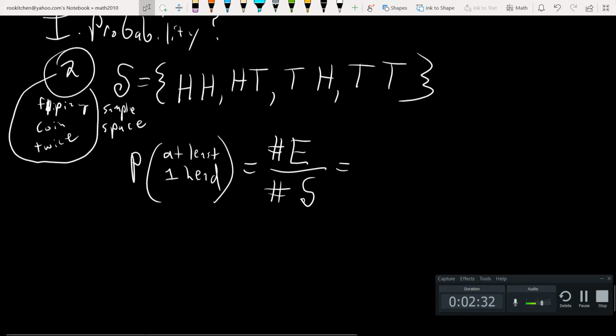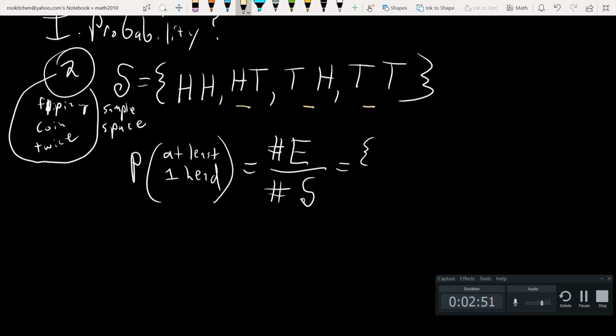So what is the event space, getting at least one head? You can go back to the original set S at the top and look for elements that have at least one head. So this one, and then this one. At least means one or more.